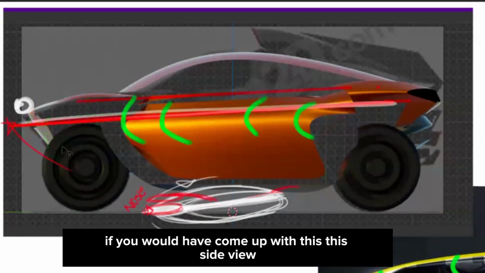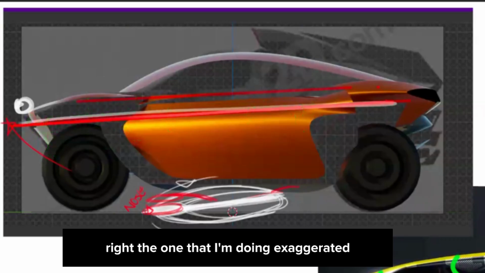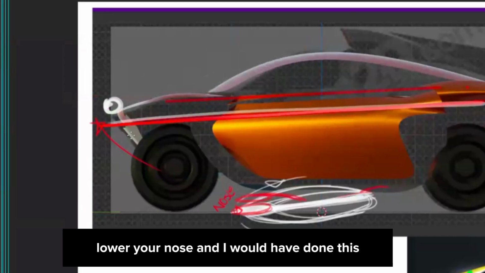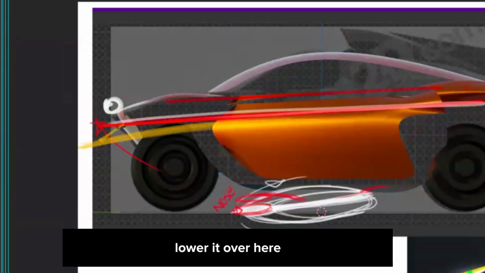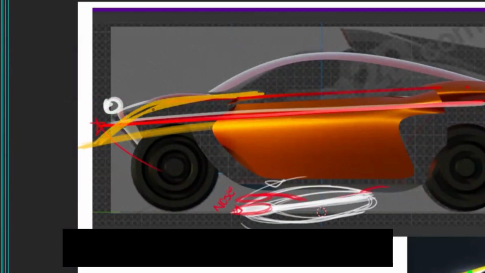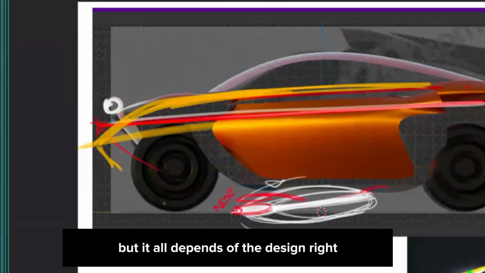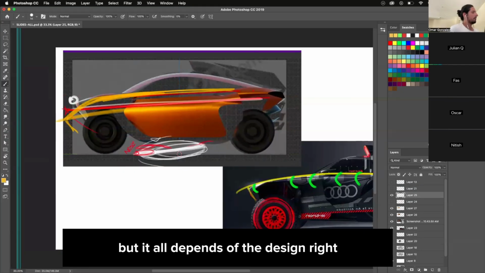If you would have come up with this side view, right, the one that I'm doing, exaggerated, I would have told you, oh, you know what, lower your nose, and I would have done this, lower it over here, like that. You see? But it all depends on the design, right?